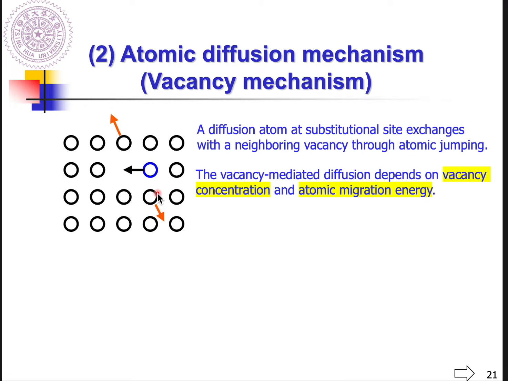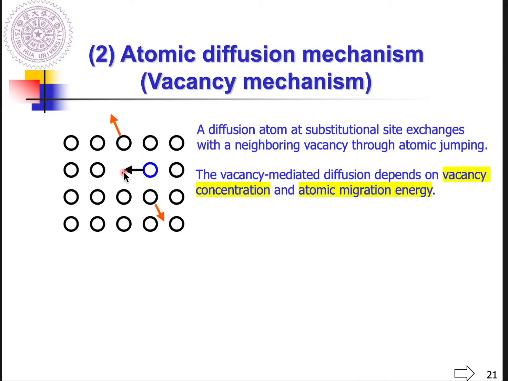So let's move to the second diffusion mechanism. We call it the vacancy-mediated mechanism. We also have a host atom in black, and there's a diffusing atom in blue, and you can observe there's a vacancy nearby the atom. The diffusing atom at a substitutional site exchanges with a neighboring or nearby vacancy through an atomic jumping process.